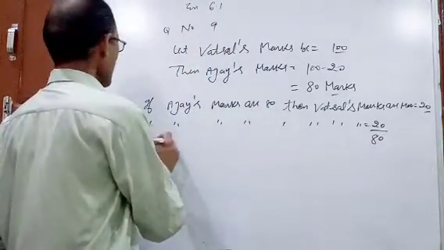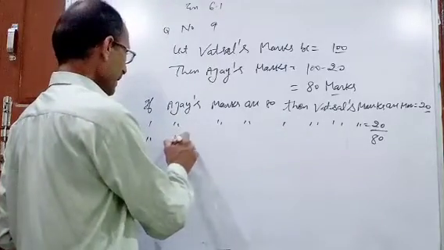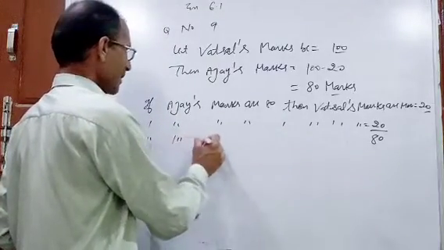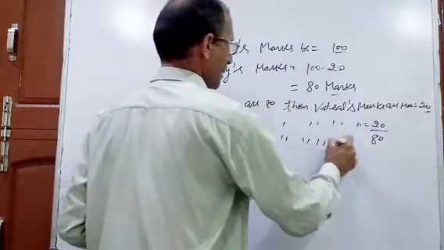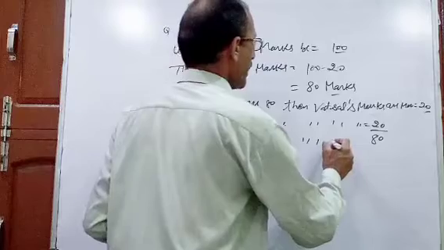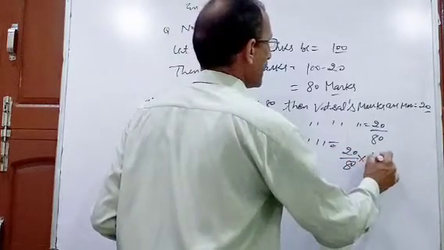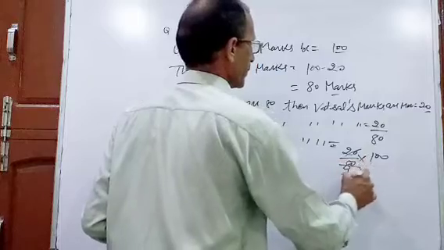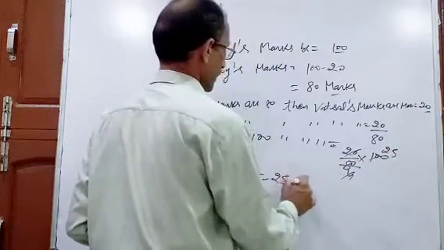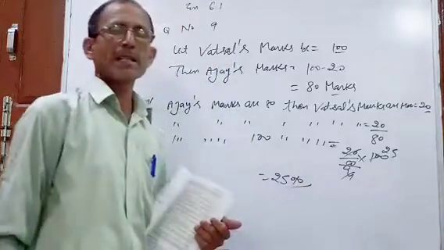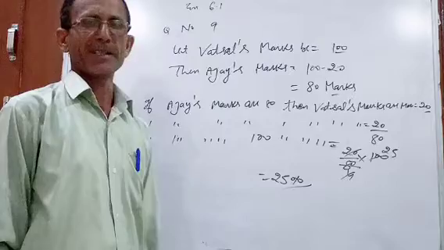Because we have to find by what percent, so for 100: if Ajay's marks are 100, then Vatsal's marks are more by 20 upon 80 multiplied by 100, 25%. So Vatsal's marks are 25% more than that of Ajay's marks.